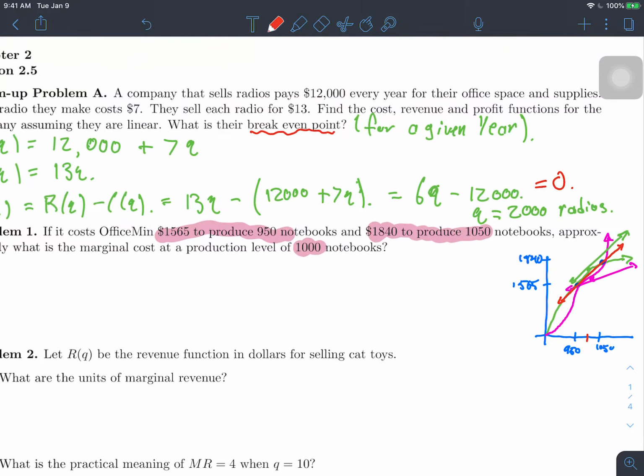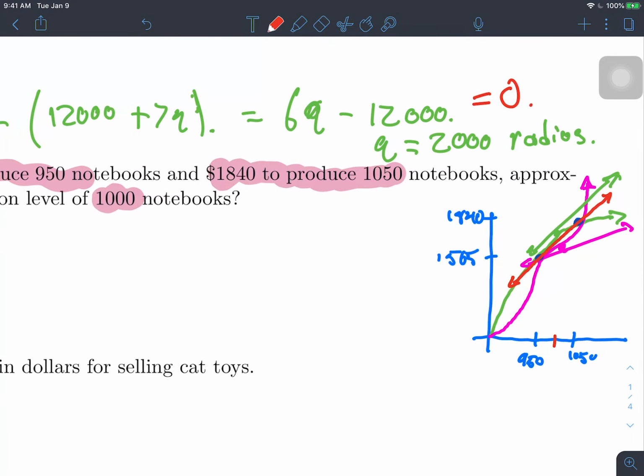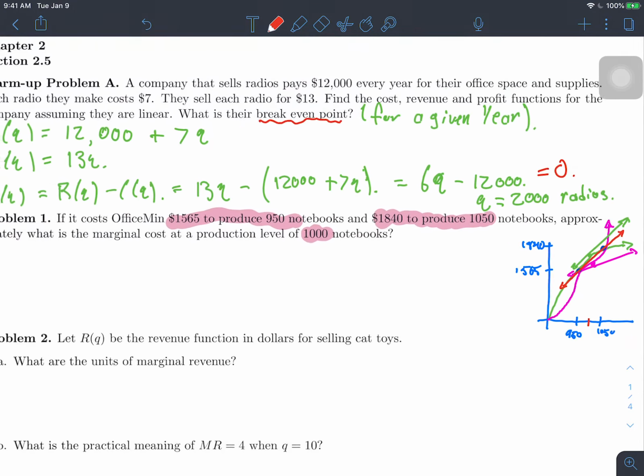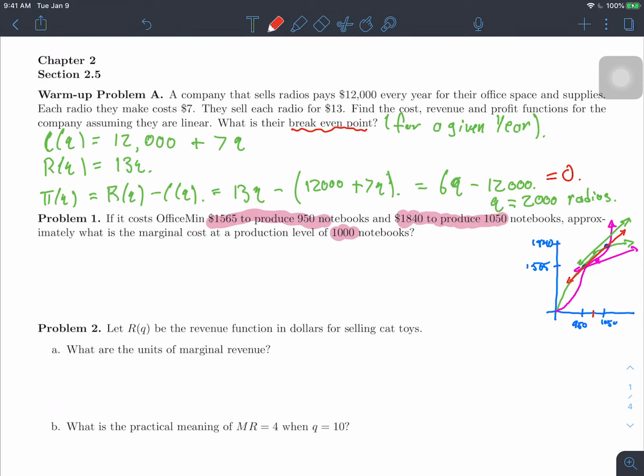Okay, so the way I'm going to estimate it is just by calculating the slope of this red line. Well, this red line goes through the 2 points, 950, 1565, and 1050, 1840. So the way I'm going to calculate the slope of that line is the same way that we calculate the slope of every single line that we've done so far in this class.